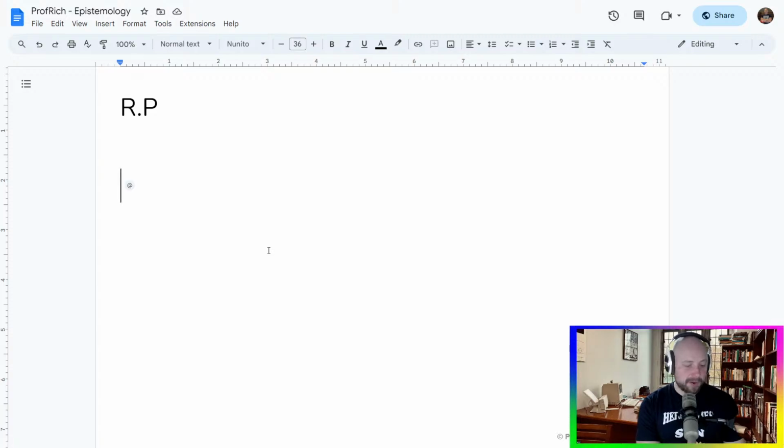For example, in RP and in Northern English, we say mouth, like this. Mouth. That's in RP and in Northern English.